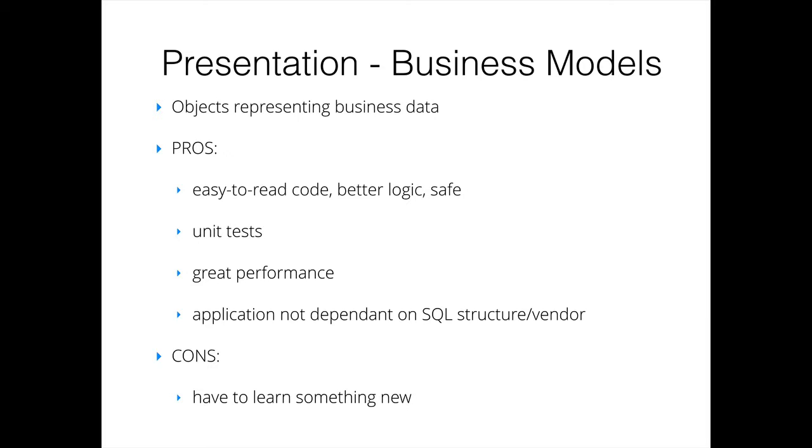How they're stored in a database could be a big mystery, but it's abstracted, we don't care about that. The code is easy to read, logic is much better, safer, you can do unit tests, the performance can be optimized, because you can write custom queries inside business logic, and an application no longer depends on a single SQL structure or vendor, it now can be conditional.